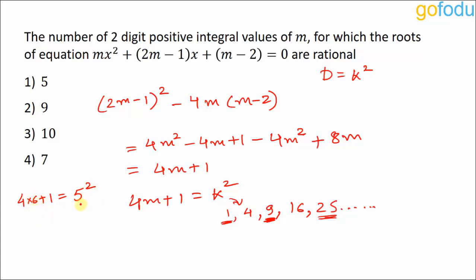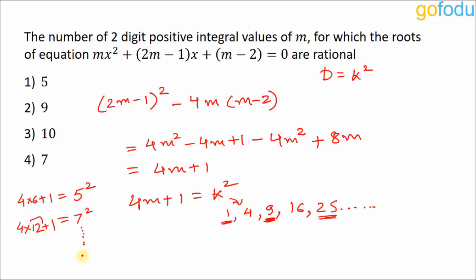The next odd square will be 7 square, and for that we will have to multiply 4 into 12 plus 1. Now this 12 is a two-digit value. So starting from 7 square we will go up till 21 square, which will cross 400, and the m value will cross 100. The m value will turn out to be a 3-digit number.